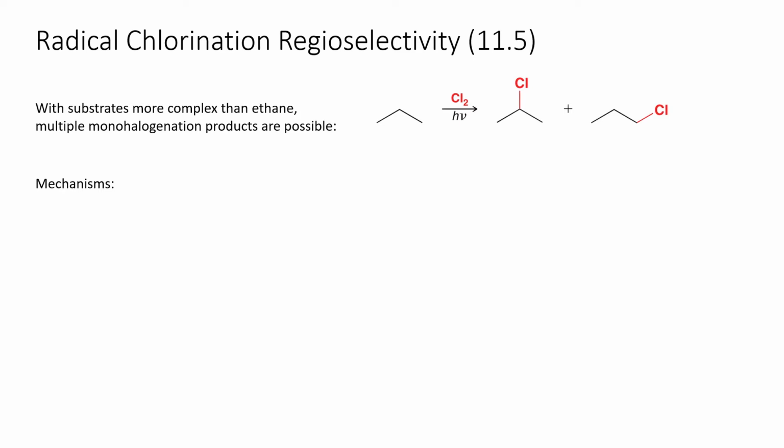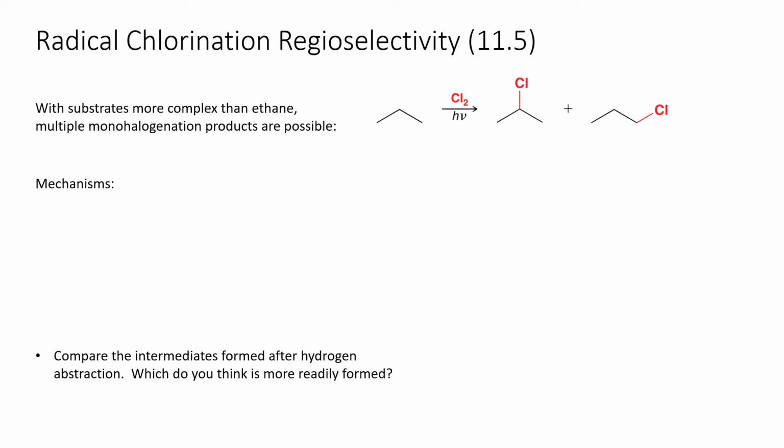When we discuss regioselectivity, we're talking about substrates that are more complex than ethane. So say, for instance, here we have propane. We can get multiple monohalogenated products. In this case, we have propane reacting with chlorine with irradiated light, and so we get two products.